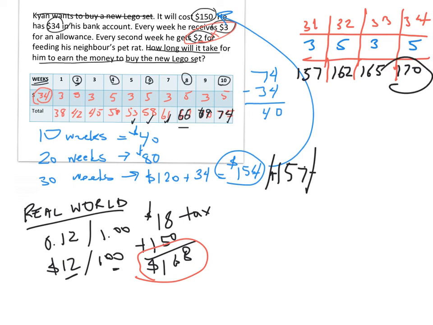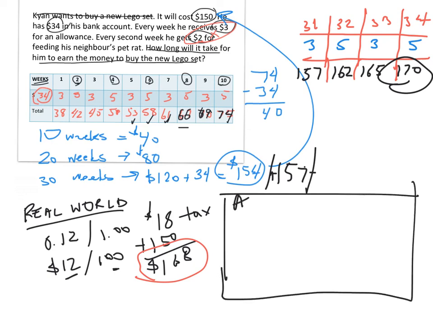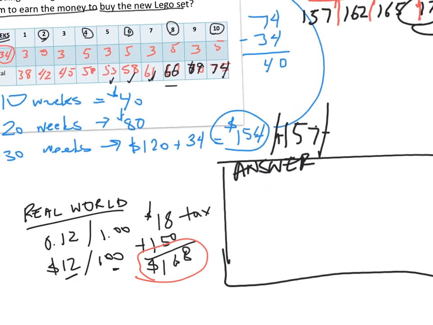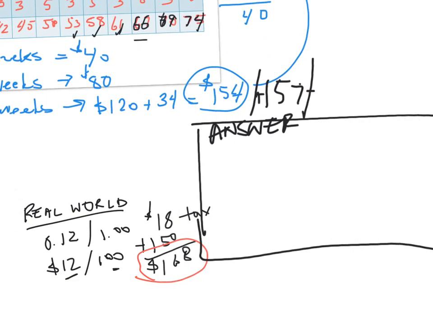So now I know what my answer is going to be, and I'm just going to make myself a little box over here so people can see. Here's my final answer. Again, I want to make my thinking clear. I'm going to make this a bit bigger so that I can see what I'm doing.